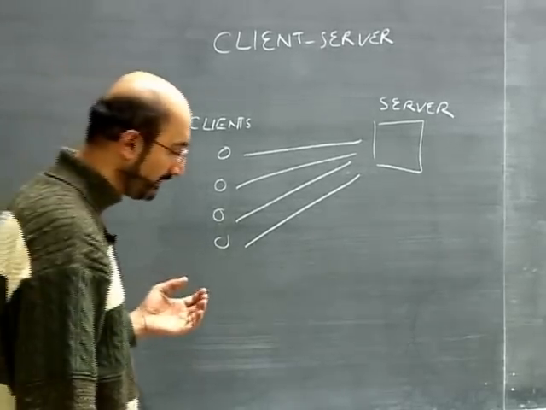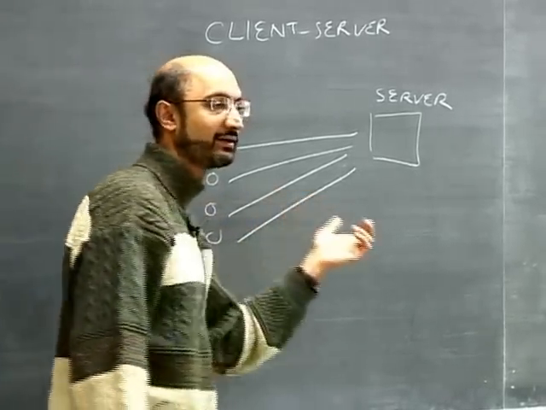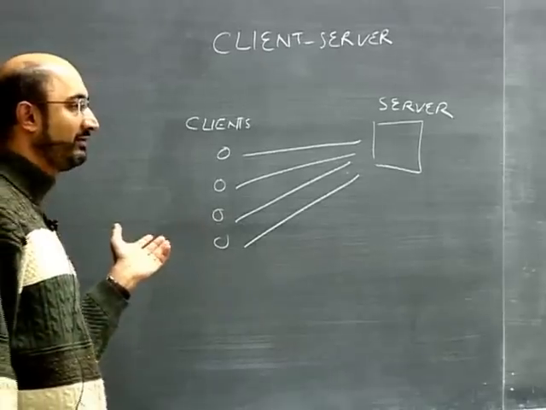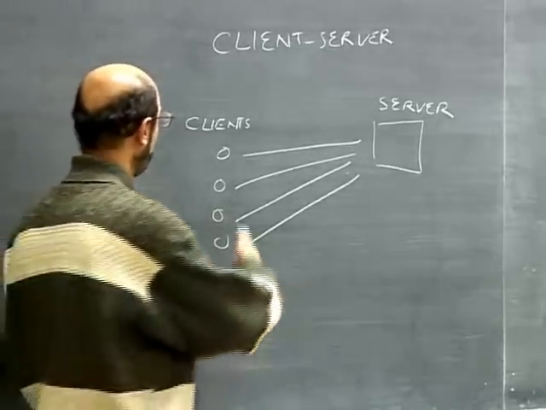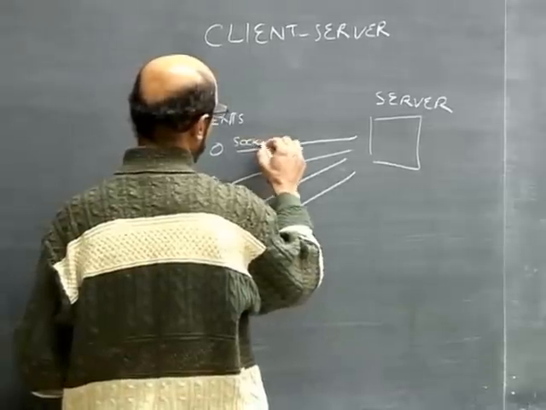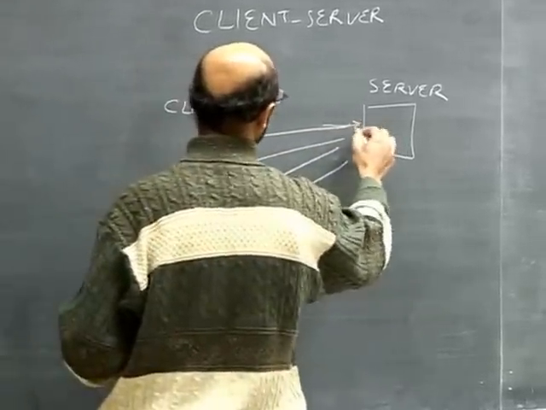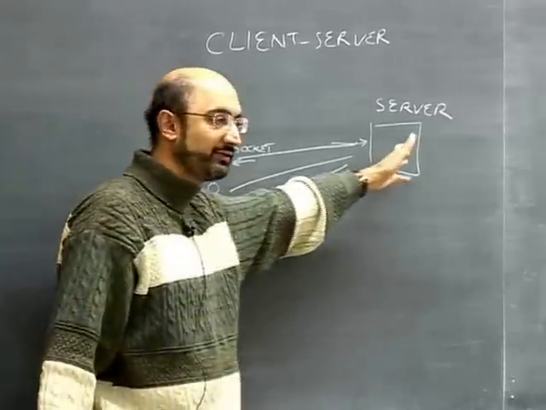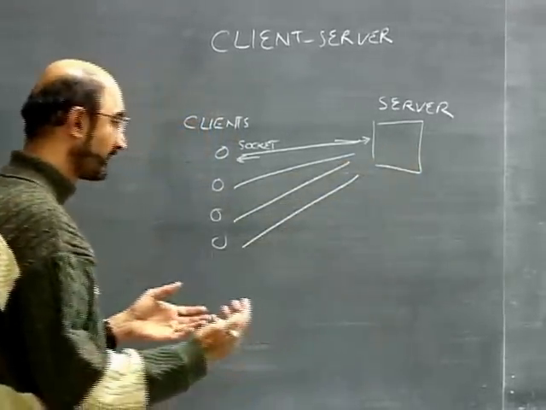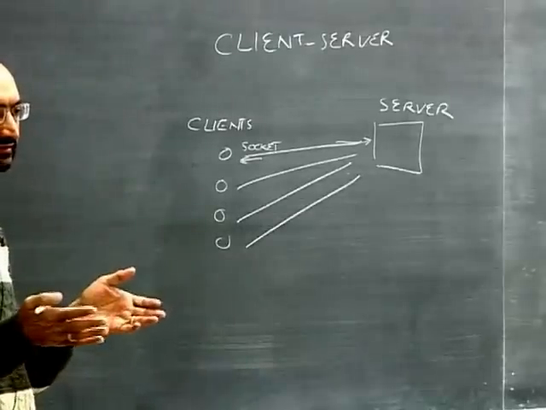In any distributed system of this sort, a client-server system, the client side is quite easy. The client just opens a socket typically, communicates with the server, and then gets responses back. So this side is pretty easy. What I'm talking about is what happens on the server side. What the server needs to do is essentially keep track of each client's state separately.